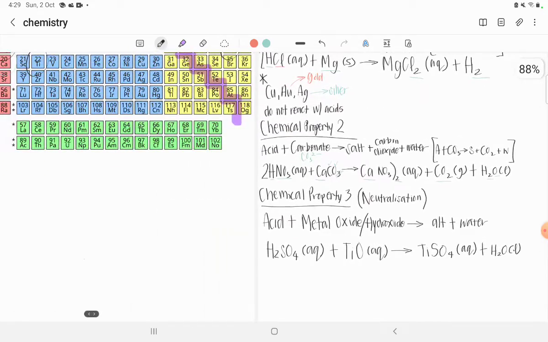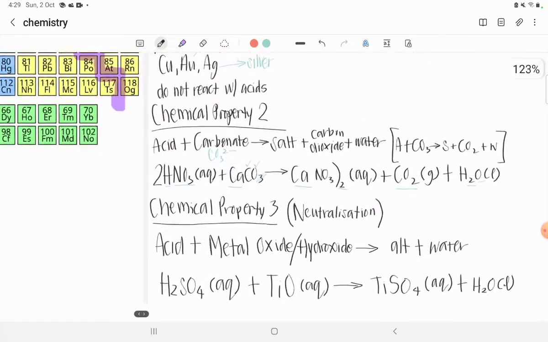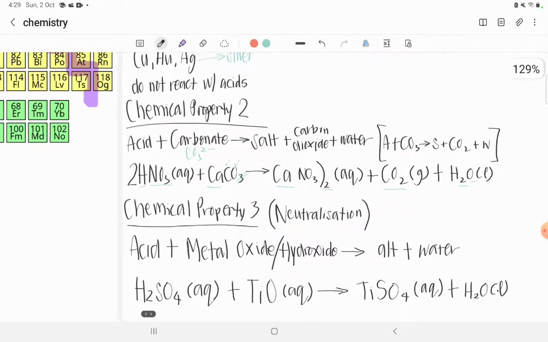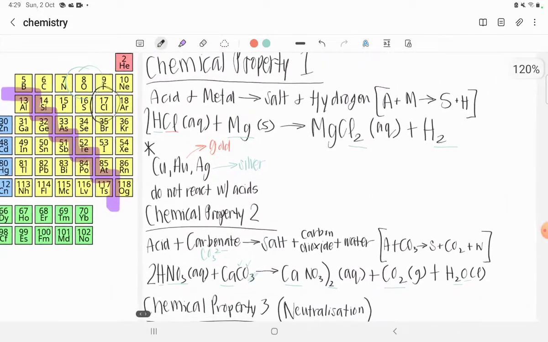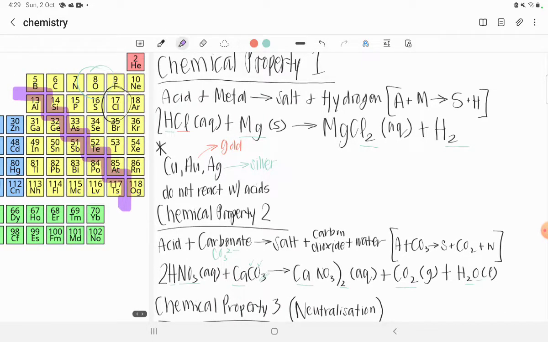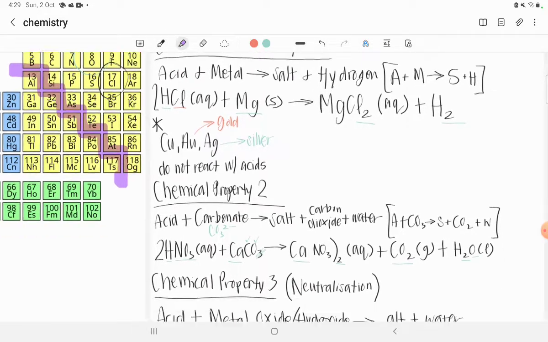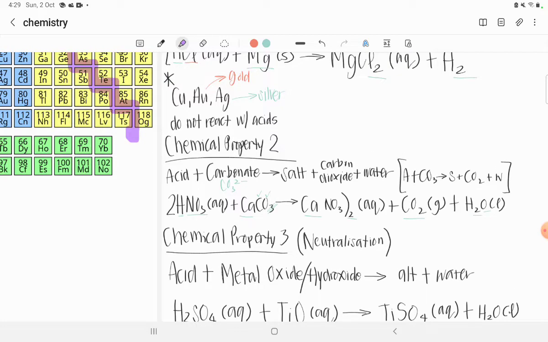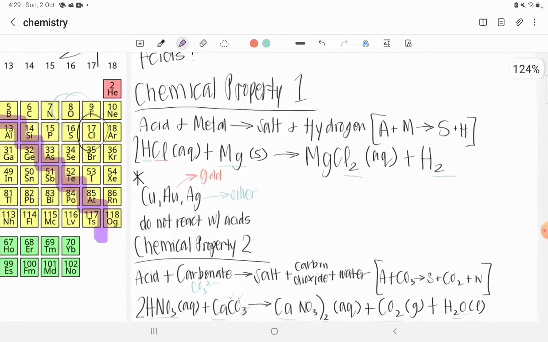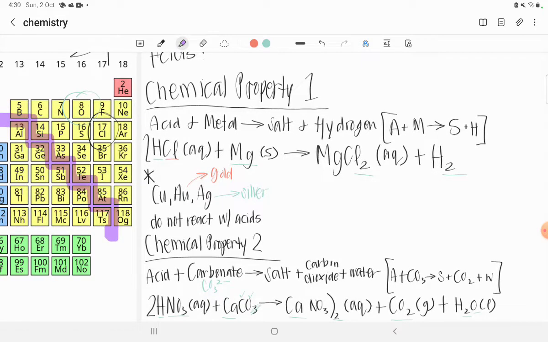As you can see, something I want to highlight is chemical property number 1 and number 2. Both release a gas.